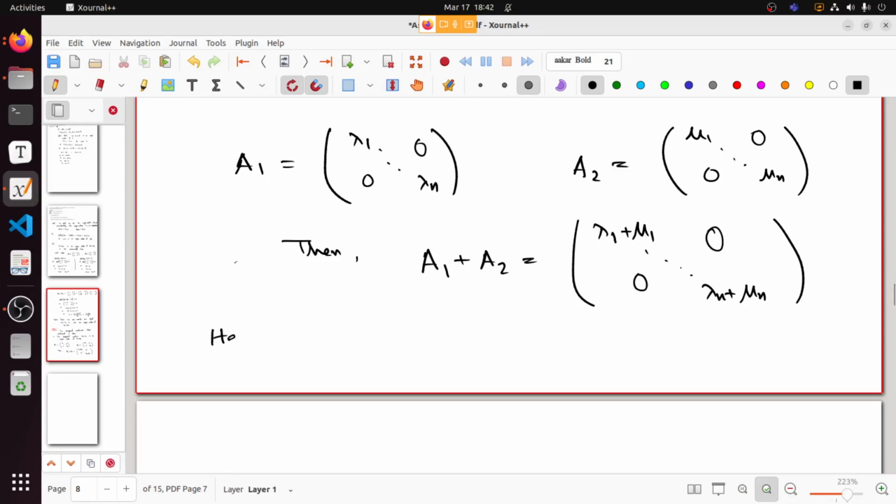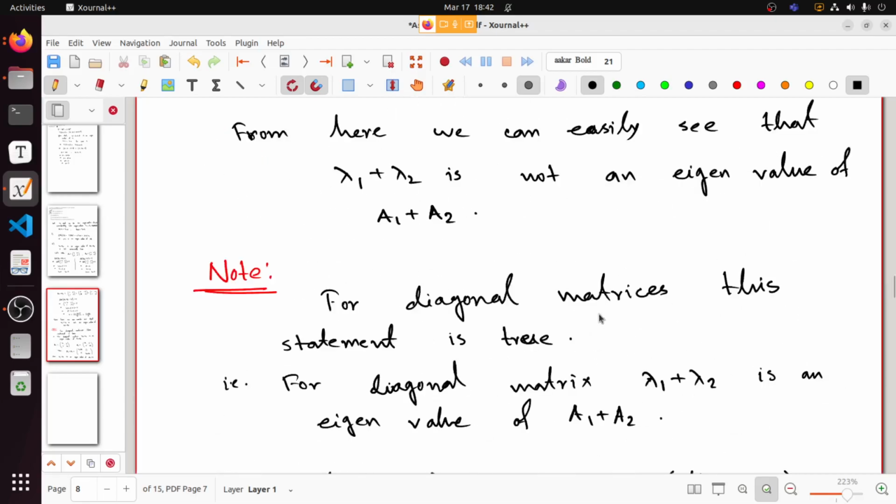So here lambda i plus mu i is an eigenvalue of A1 plus A2, right? So for diagonal matrices, this is true.